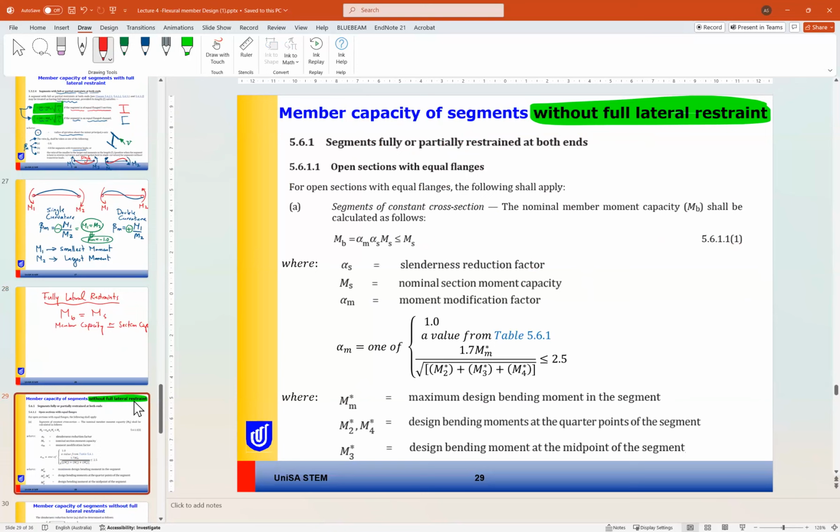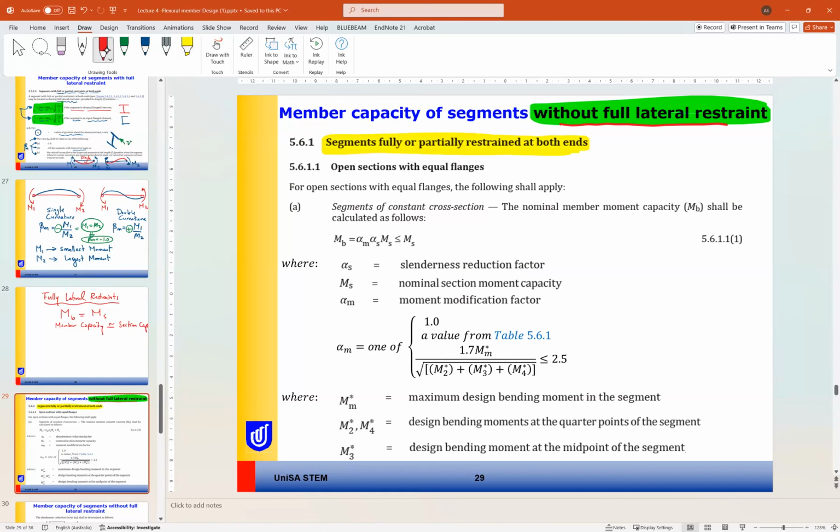So now we jump to the final part: how we find the capacity of the members without full lateral restraint. So for the segments, fully or partial restraints at both ends.